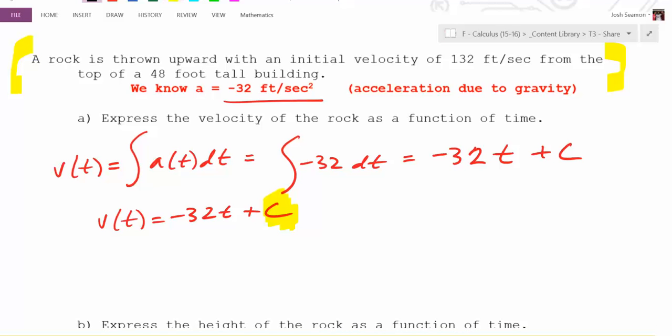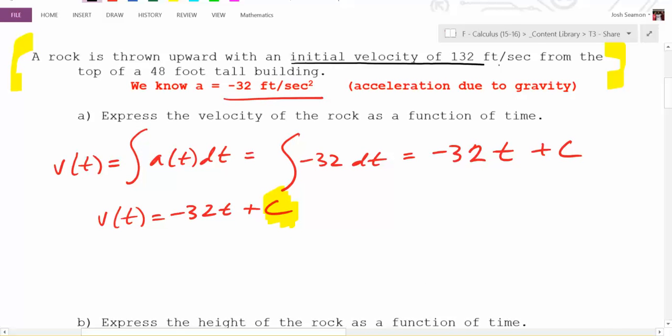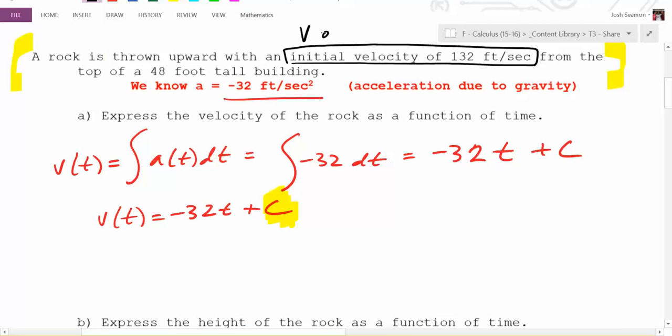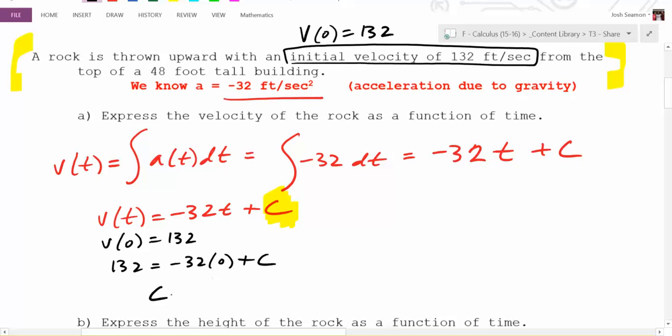The velocity at time 0 is 132. So we know v of 0 is 132, so 132 is equal to negative 32 times 0 plus c. So what does that make c? 132.